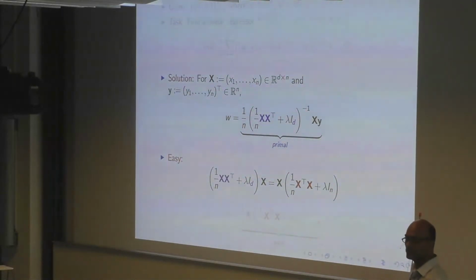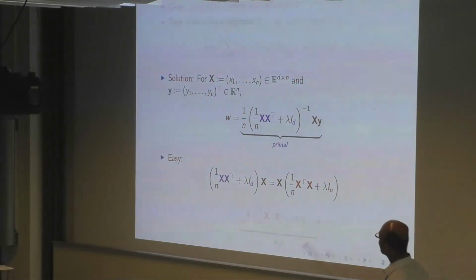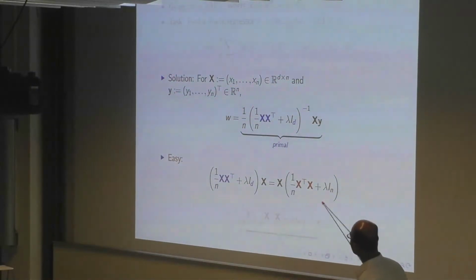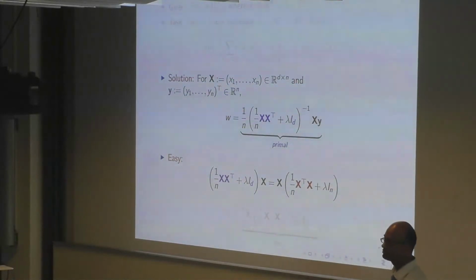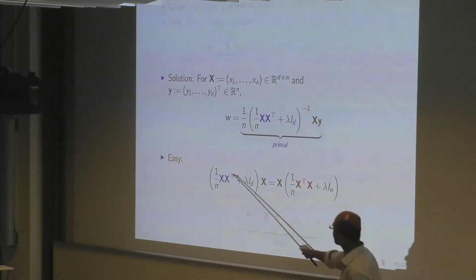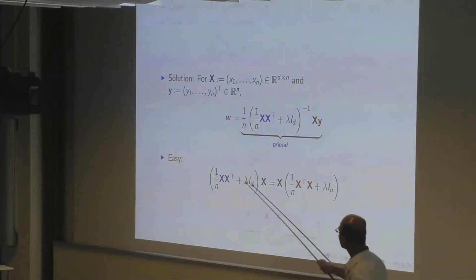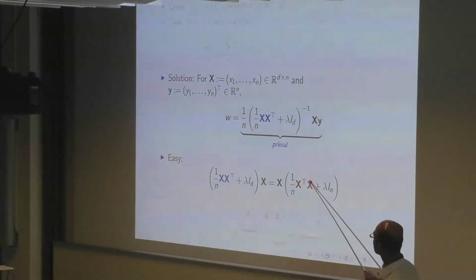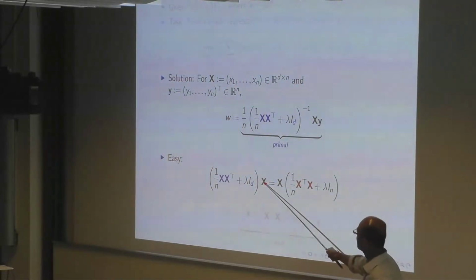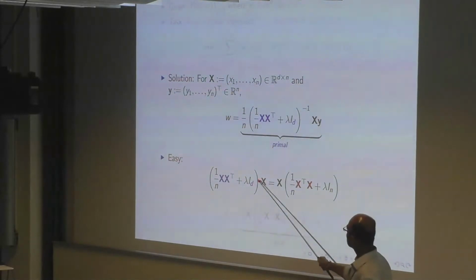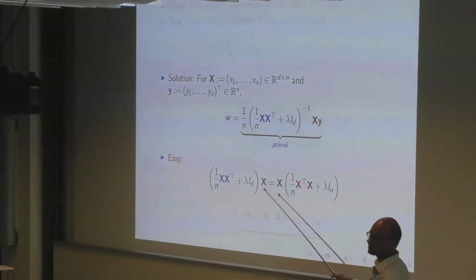Now this is one thing you can do beautifully in ridge regression, which probably may not happen in many other algorithms like SVM, which is this equality. This equality is easy to verify. Here the key is X X transpose; I am basically writing it in terms of X transpose X. This X, which is post-multiplied, is now pre-multiplied.